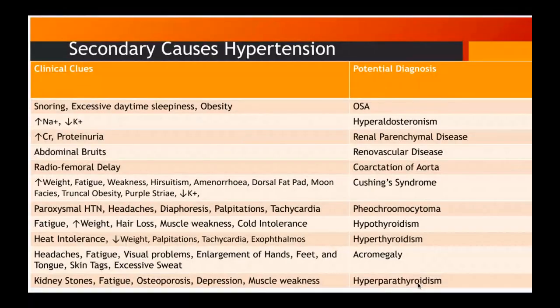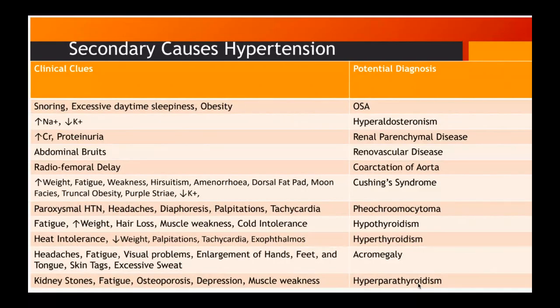For example, a patient with obstructive sleep apnea may be an obese patient with a history of loud snoring and excessive daytime sleepiness. So if that patient presents with an elevated blood pressure and these clinical cues, you may want to consider obstructive sleep apnea as a potential secondary cause for the hypertension.